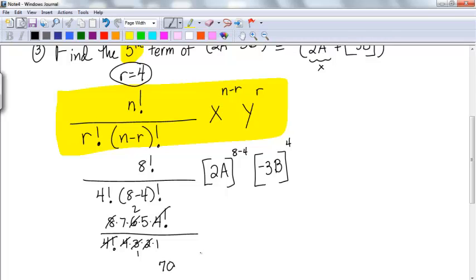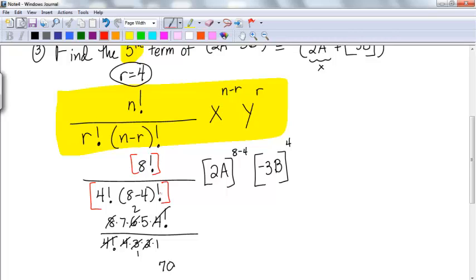Now check me on the calculator. On your calculator, let's go 8 factorial divided by 4 factorial times 4 factorial. So you have to remember to put in that extra set of parentheses. Try it, test it. We'd have the math key, left arrow to probability, then down to number 4.